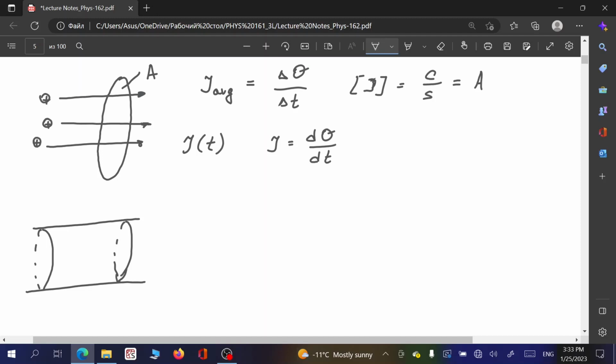The area of these cross sections is the same. It will be A. And we have some positive charges here. So positive charges Q, and they move with some directed drift velocity Vd.